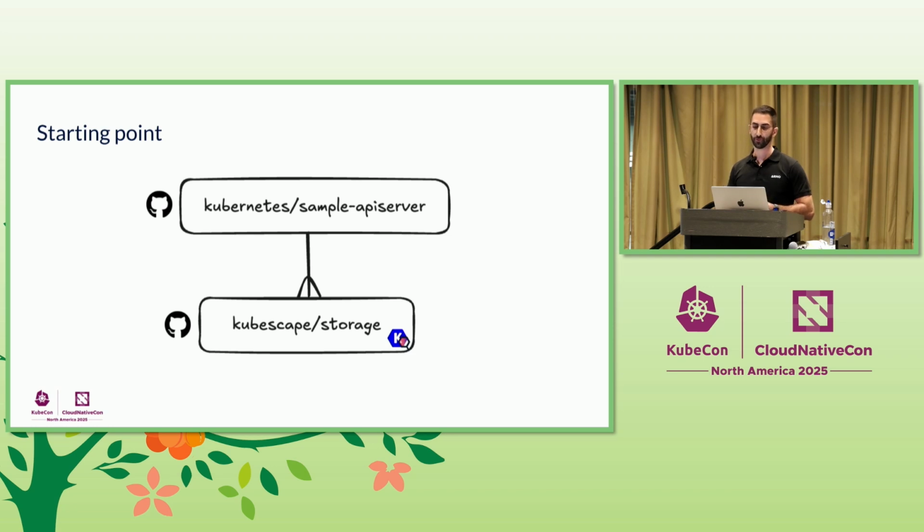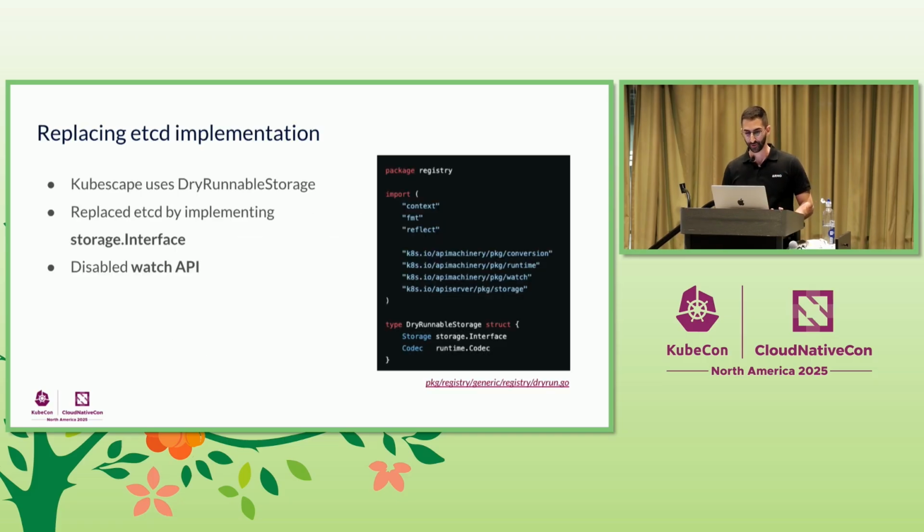It gives you code generation, all the wiring done out of the box. But from that moment, you're on your own. So the first step in order to replace etcd was to implement the storage interface. And for that, we also had to disable the watch API.